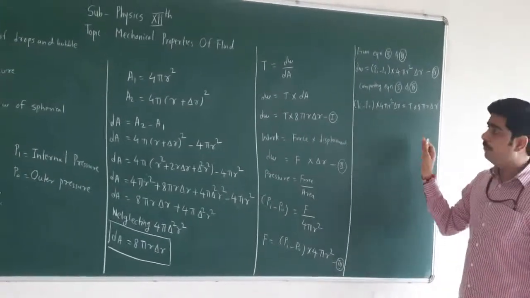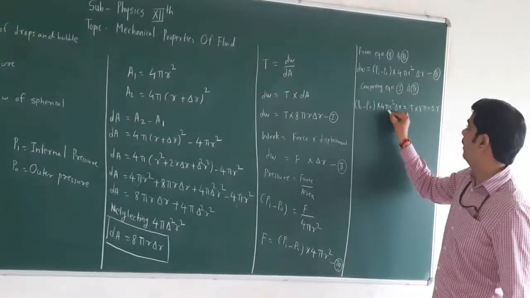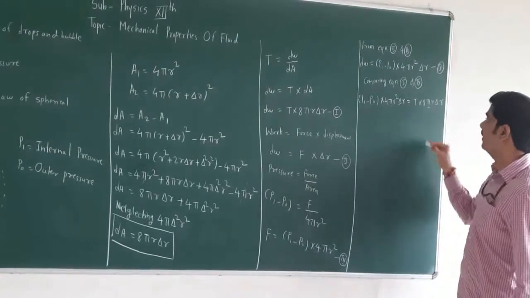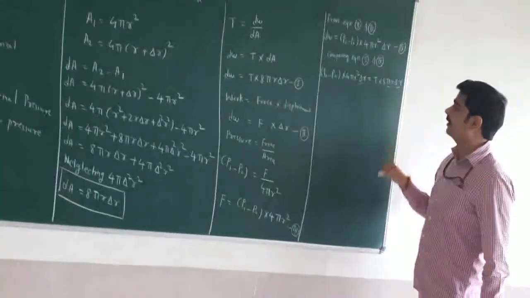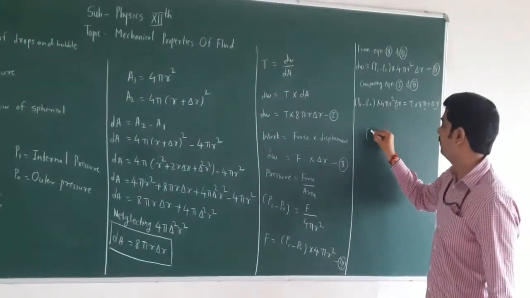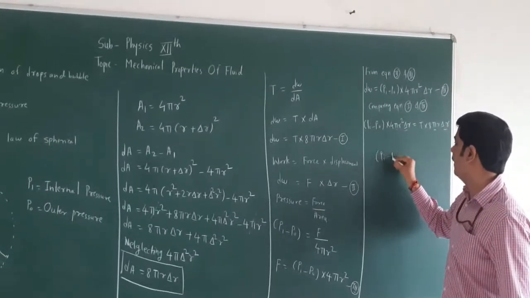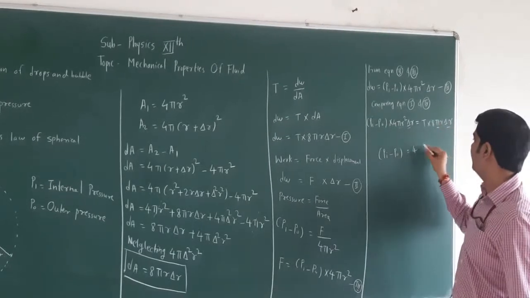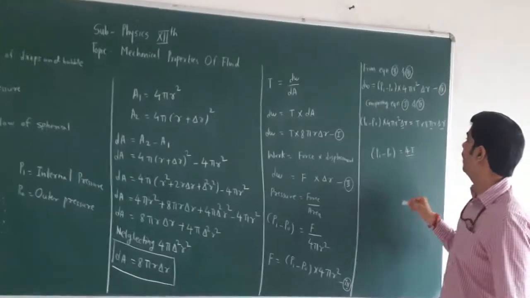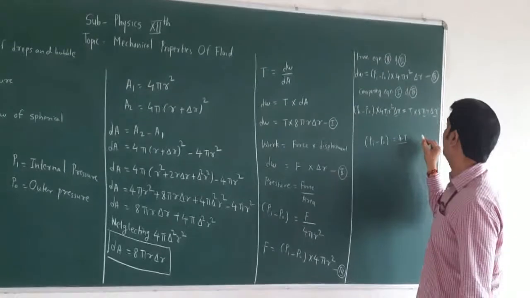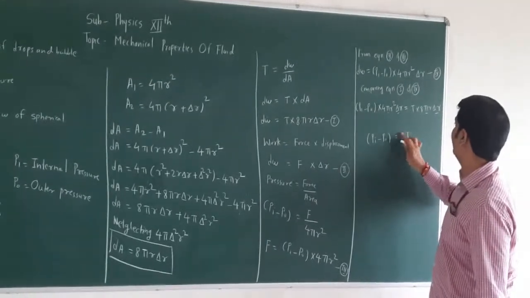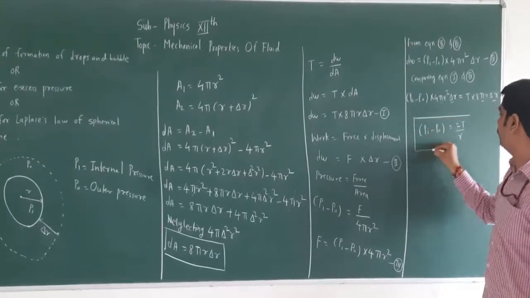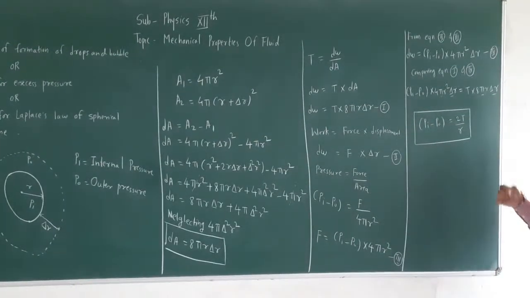If you observe these steps, pi will get cancelled, r square and 1 r will get cancelled, delta r will get cancelled, and after solving this we can write Pi minus P naught is equal to 8 upon 4, so 2T by r. So this is the formula for the excess pressure.